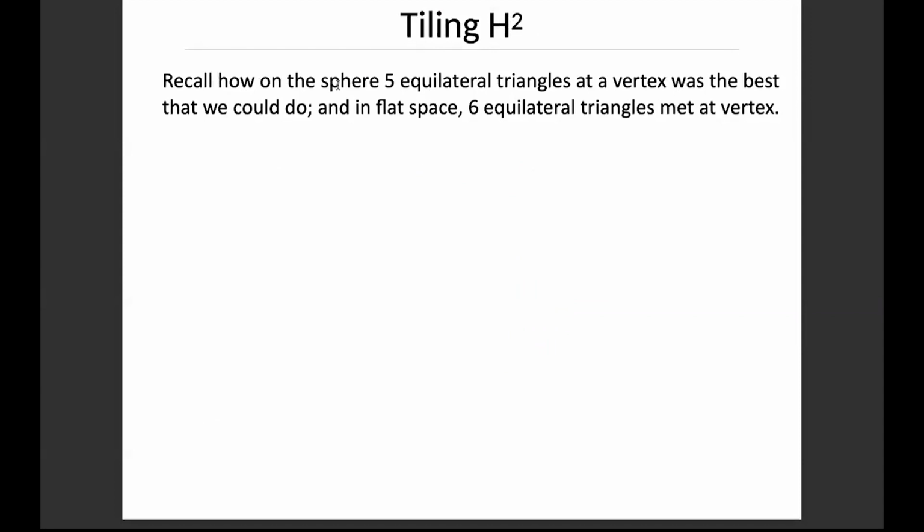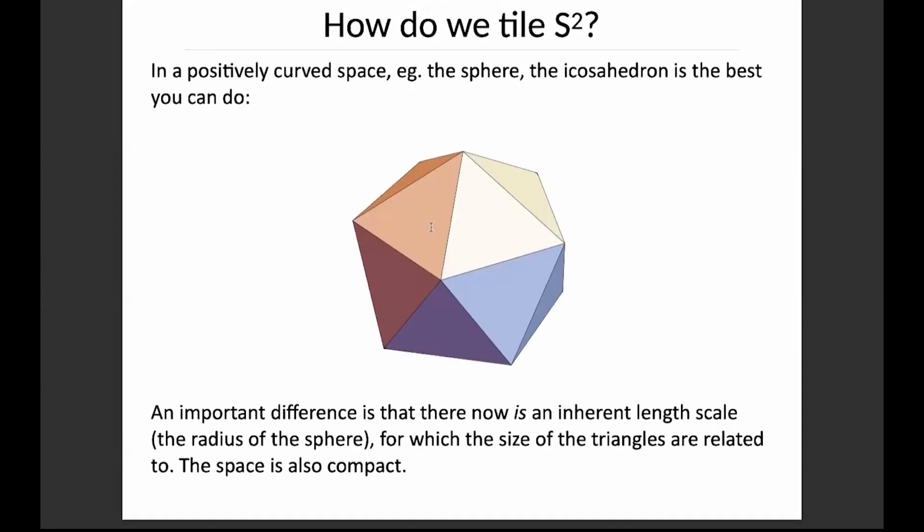Okay, so if we go back here, just looking at the sphere, I said this is the best you can do. We're bringing 5 triangles together at a point. I say it's the best you can do because a cruder approximation of the sphere is just maybe the tetrahedron, for example, and then there's, I guess, the octahedron, which might have four triangles come together at a point.